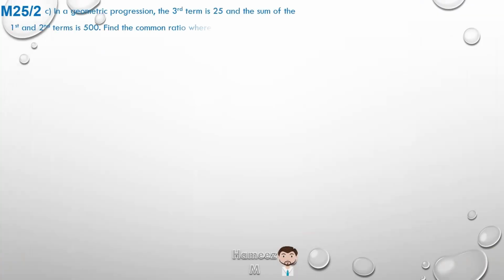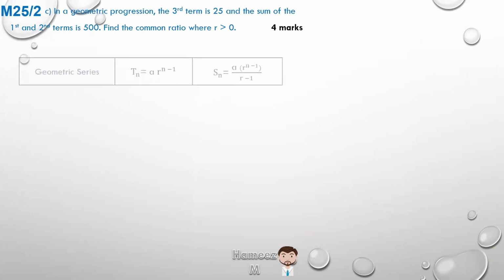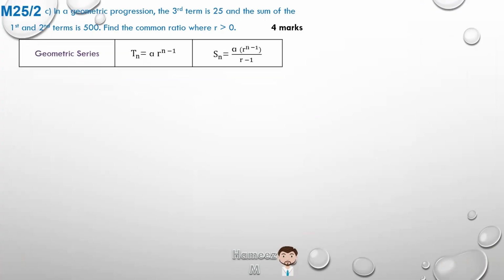Let's now move on to number 2C. In a geometric progression, the third term is 25, and the sum of the first and second terms is 500. Find the common ratio where r is greater than 0. So it's a geometric progression, and there's a formula that we're given for geometric series.